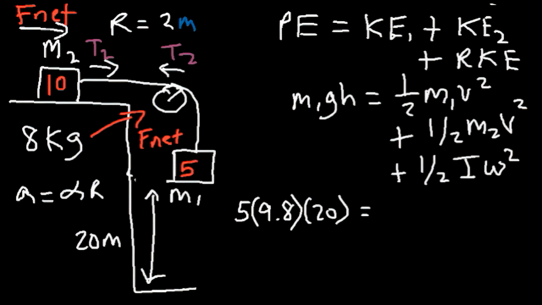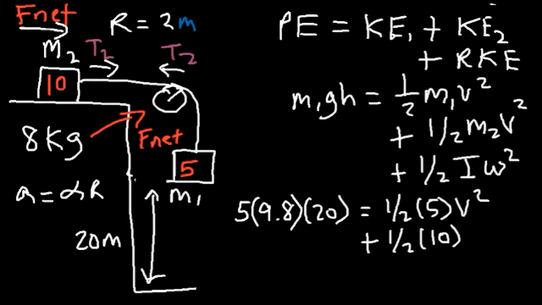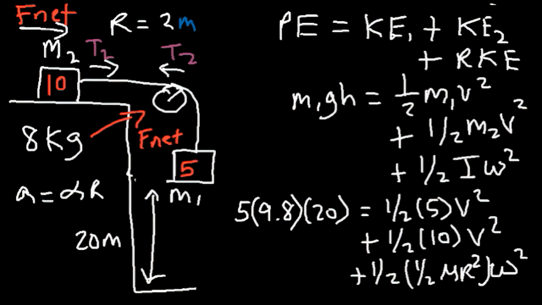And this is equal to 1/2 m1, which is 5, times v squared, plus 1/2 m2, which is 10, times v squared, plus 1/2 the inertia of the disk, which is 1/2 mr squared, times omega squared. Now keep in mind that the speed is equal to the angular speed times the radius.